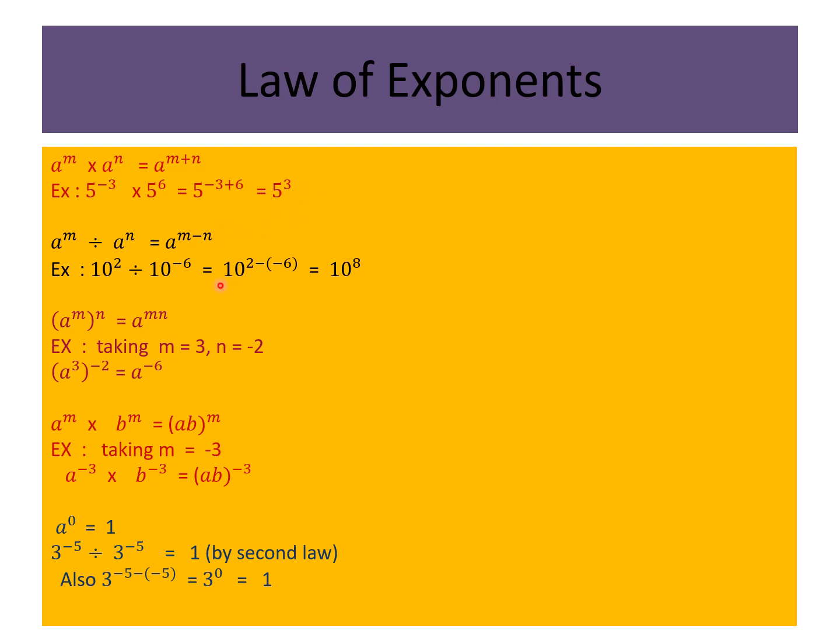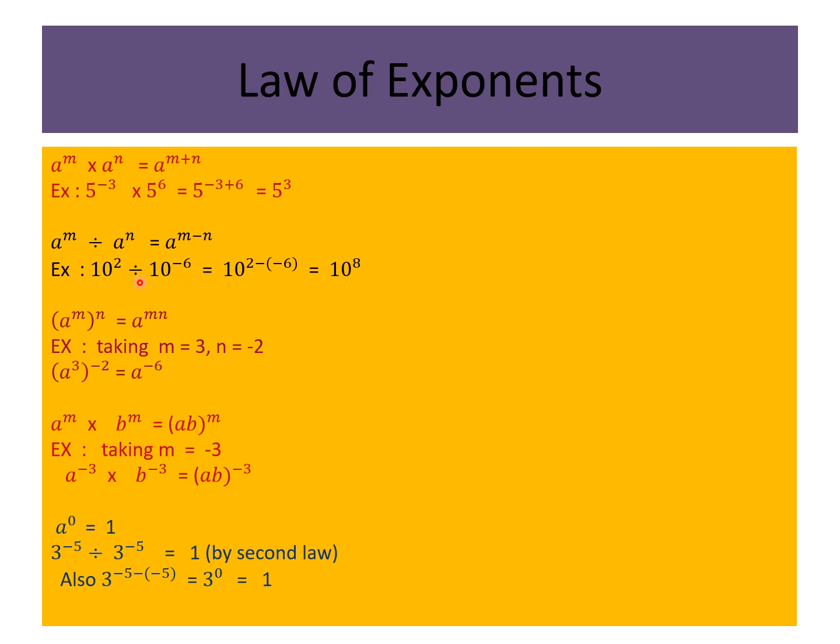The next law of exponent, a power m divided by a power n equal to a power m minus n. If it is division, there we will get the subtraction. I have taken an example as 10 power 2, a positive exponent, divided by 10 power minus 6, a negative exponent.